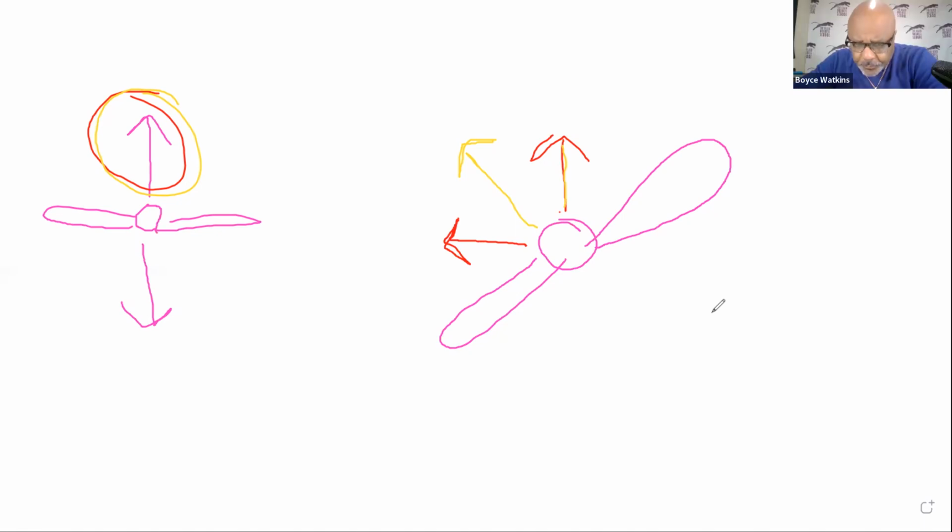So if we have our airplane, this is like a top-down view, and we have the right aileron here, and it's rotating to the left. The nose gets pulled back a little bit because our right wing has more lift, which means more drag. Okay. And that's the adverse yaw.